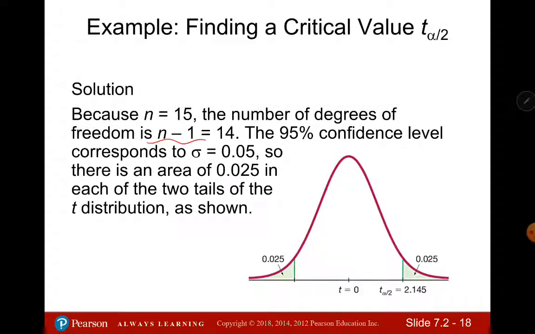So first, we know degrees of freedom is 14. And we know confidence level is 95%. So we can get alpha is 5%. So half alpha. Again, we need to focus on half alpha. Half alpha is 0.025.